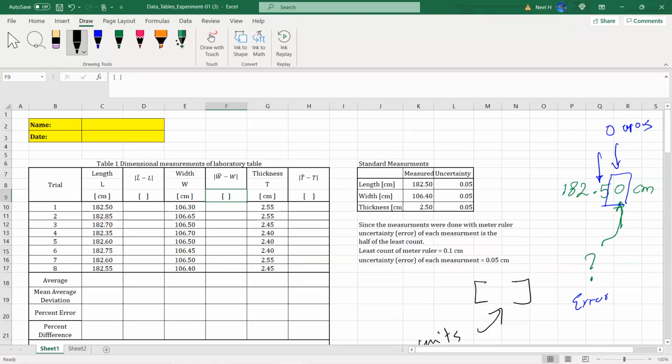And on the other hand, if you look at this table, it is actually giving you the expected values, which means the general dimensions of those tables. So the length is 182.50, but I'm not getting it. I got that exact number only once. Every other time, I'm getting a different answer down to the millimeter level.